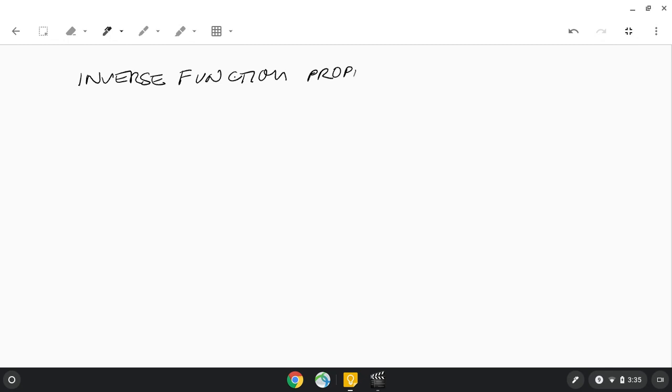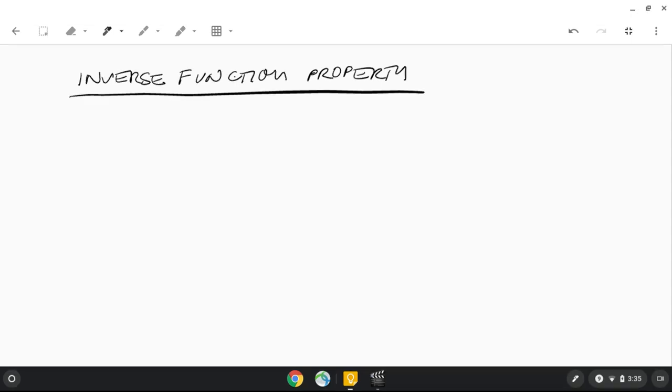This is going to be the property that you use when you see a problem on the test or on the homework where they say show or verify that these two functions are inverses of each other. So you're going to be using this property here.